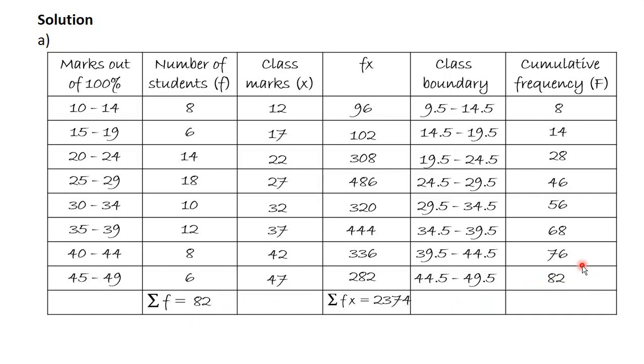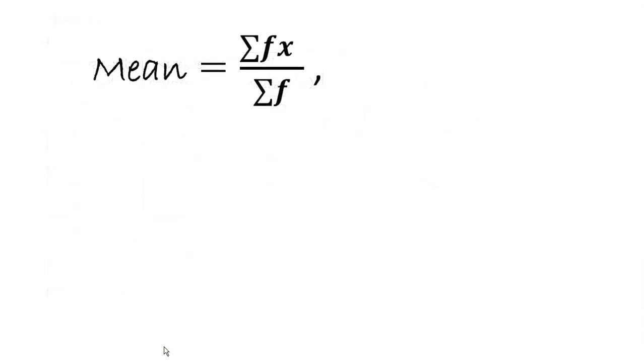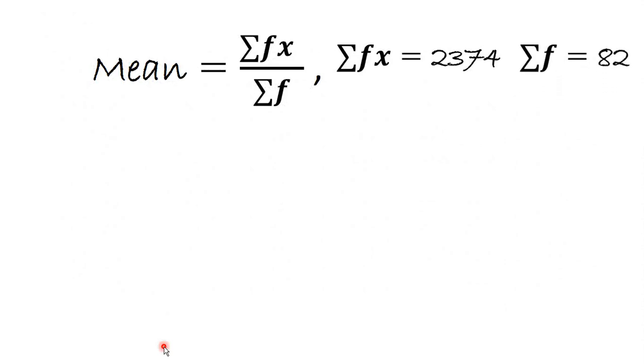Now let's work out the first part. Remember, I wanted us to get the mean and then the mode. So let's start by getting the mean. So the mean is summation of fx divided by the summation of f, where summation of fx is 2374 and summation of f is 82.